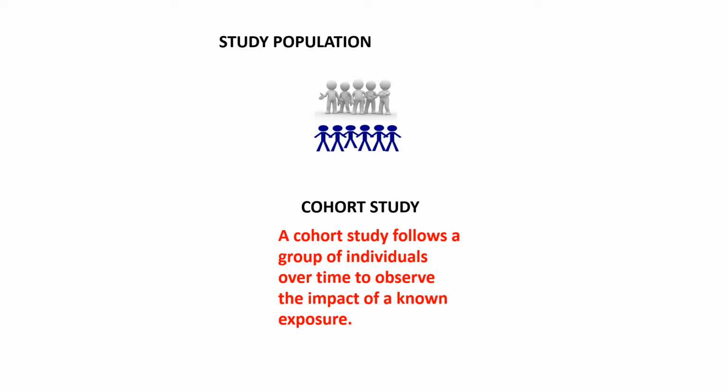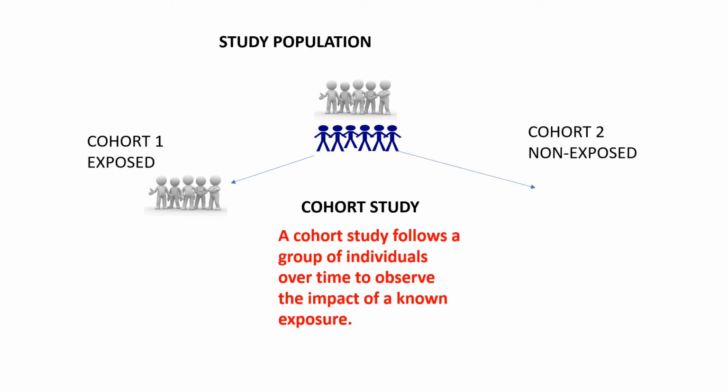Here we are studying the people with or without the exposure. So let us presume this group of individuals are our study population. Of them, one will form cohort number 1, which is the exposed. Then another cohort will be formed, which is the non-exposed.